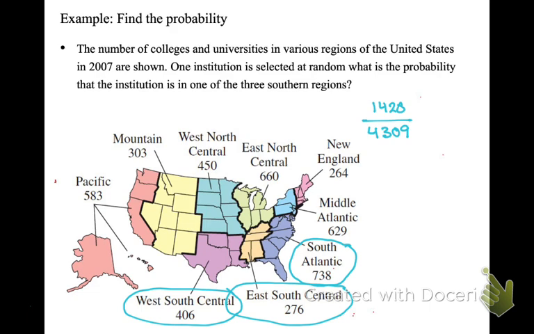Jaden, is that what you got? So the probability of a southern college is 1420 over 4309, which is approximately 0.3295. So about 33%. So a third of them are in the southern regions.